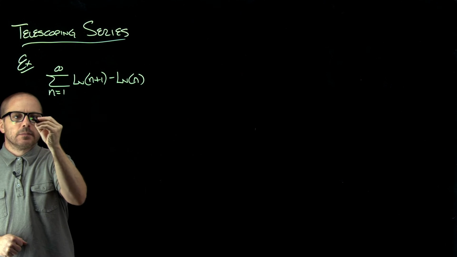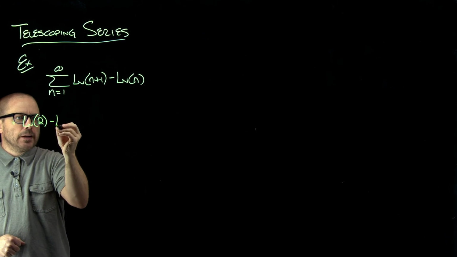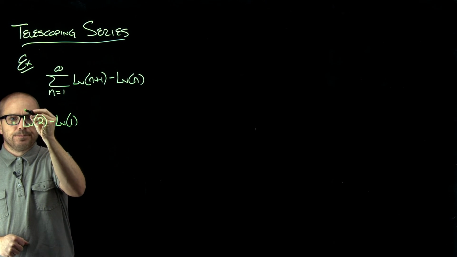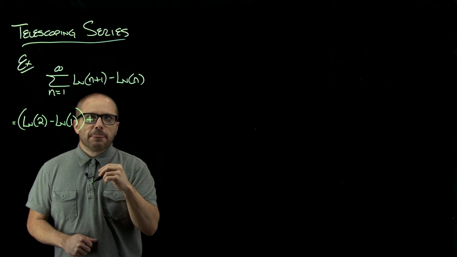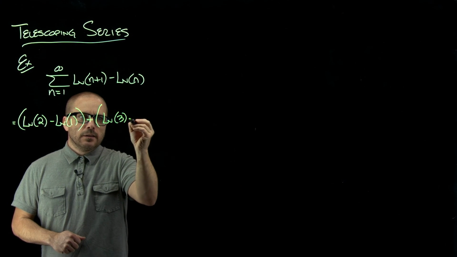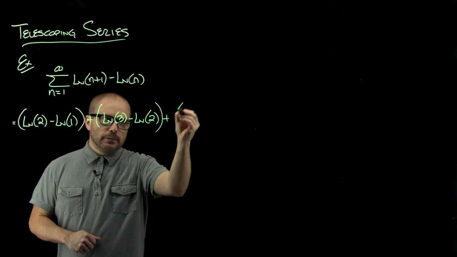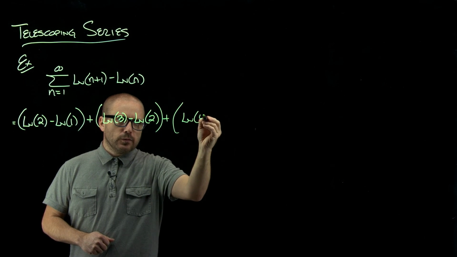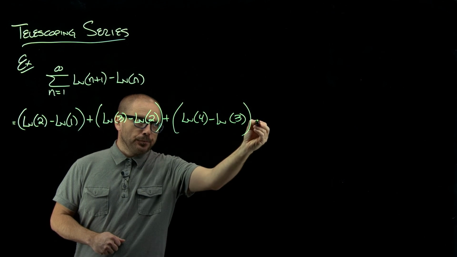When n is 1, it's natural log of 2 minus natural log of 1. That's the first term. The next term would be natural log of 3 minus natural log of 2. The next one, natural log of 4 minus natural log of 3, and so on.